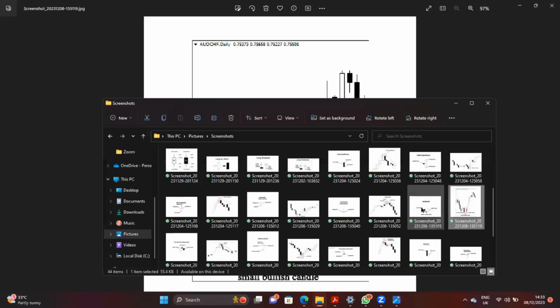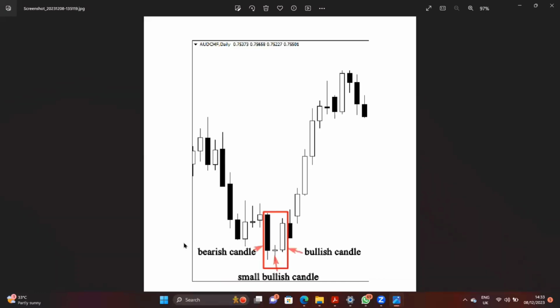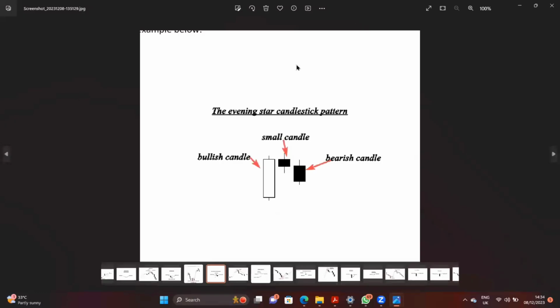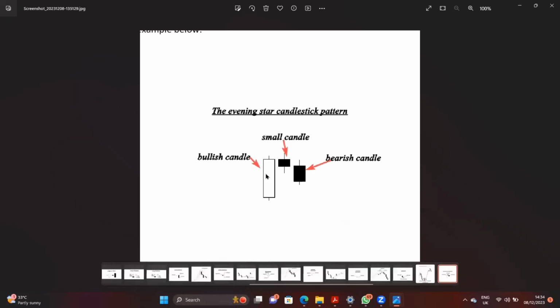So let's talk about the opposite of this, which is called the evening star. All right. Remember, I said in the previous section, when I started this section, that each candle pattern we introduce is what?